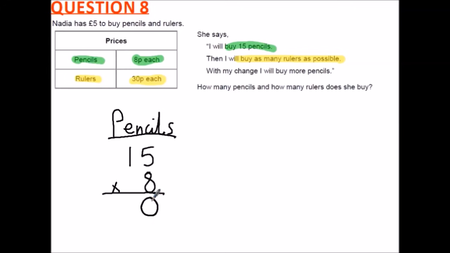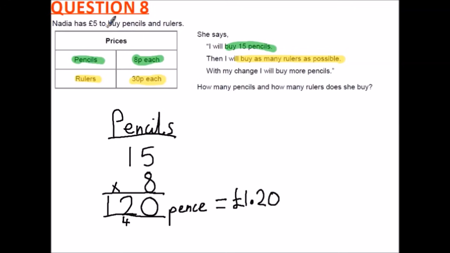So put the 0, carry 4 along. And then 8 times 1 is 8, plus the 4 we've carried before makes it 12. And so that gives us 120 pence, not pounds. Be expensive pencils if it's £120 for 15 pencils. So that comes to £1.20.